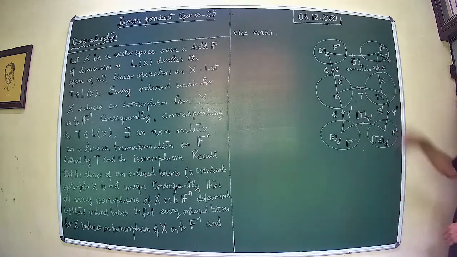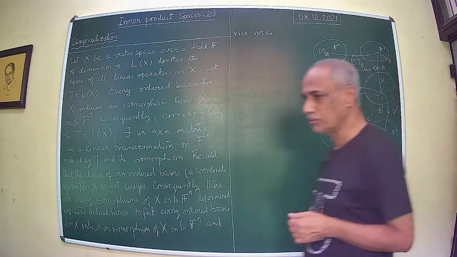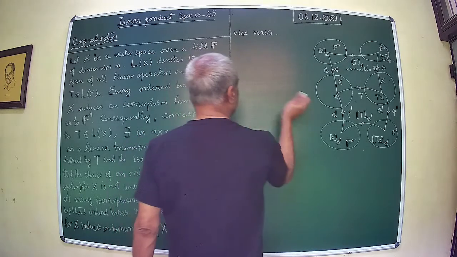So in general, the matrix of T with respect to B is not equal to the matrix with respect to B prime.